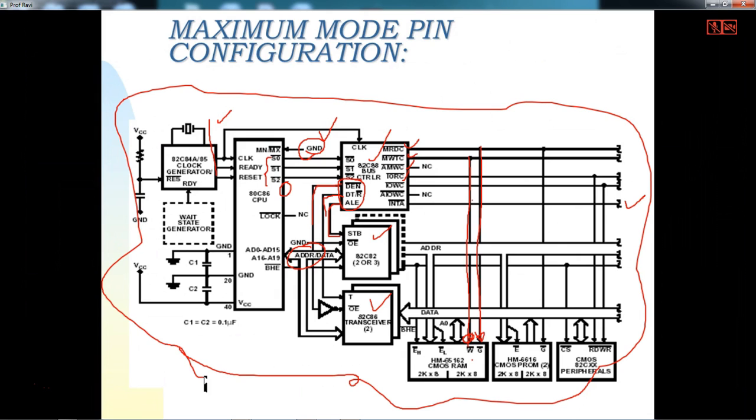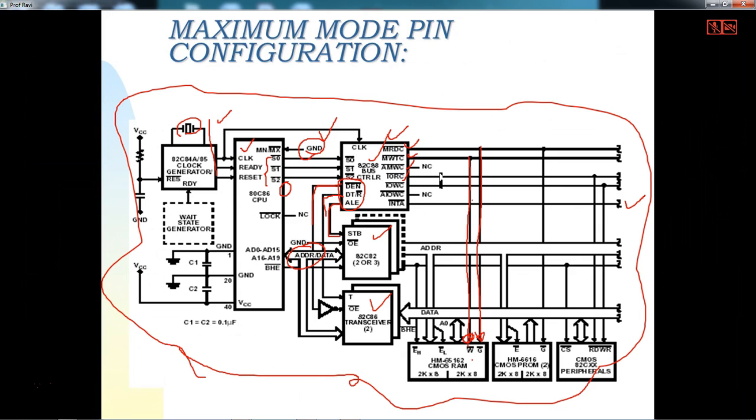So keep in mind, what you need to do is connect a clock generator, the 8284. You can connect your crystal here and generate three signals: clock, ready and reset. And you can use the 8288 bus controller to generate the signals, so that you can facilitate this operation in maximum mode.